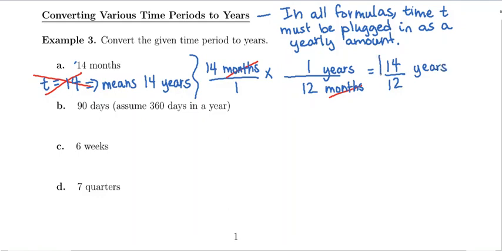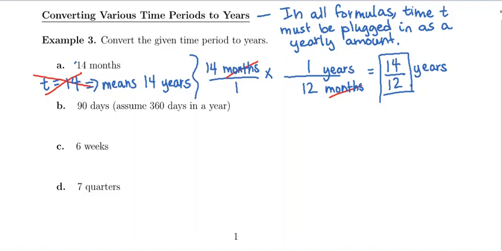So this would be your time value, 14 over 12. You can reduce this fraction if you want to, but it is not necessary when doing financial math, because at the end of the day, you're going to plug all these values into the formula and into your calculator, and you'll still get the same number whether you reduce or not.